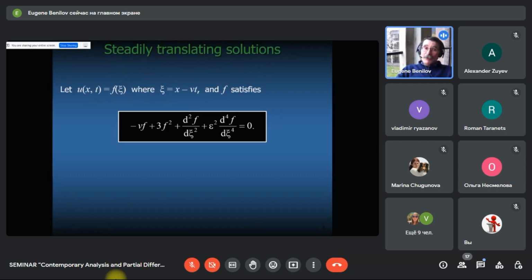The classical Korteweg-de Vries equation is famous for the solitary waves, or we call them solitons. It's just a wave with one hump, with one maximum. Those solitons were discovered a long time ago, I'd say 150 years ago. An English engineer who was building a canal near Birmingham noticed that there are sometimes waves which propagate at more or less constant speed, and even the shape looks more or less the same.